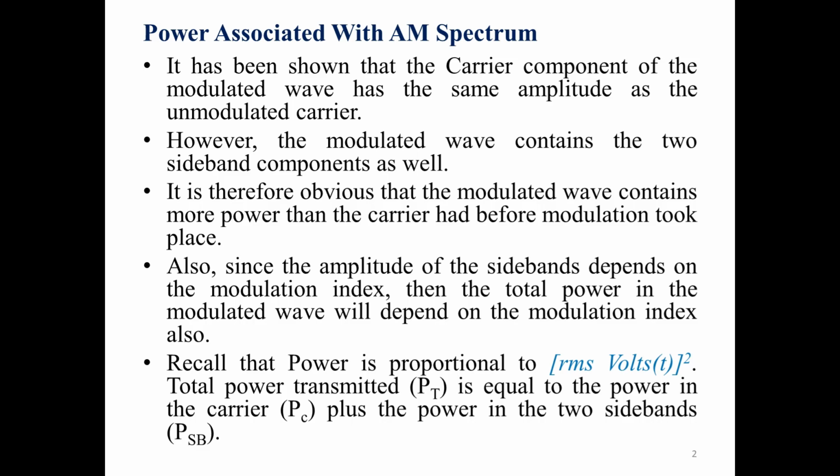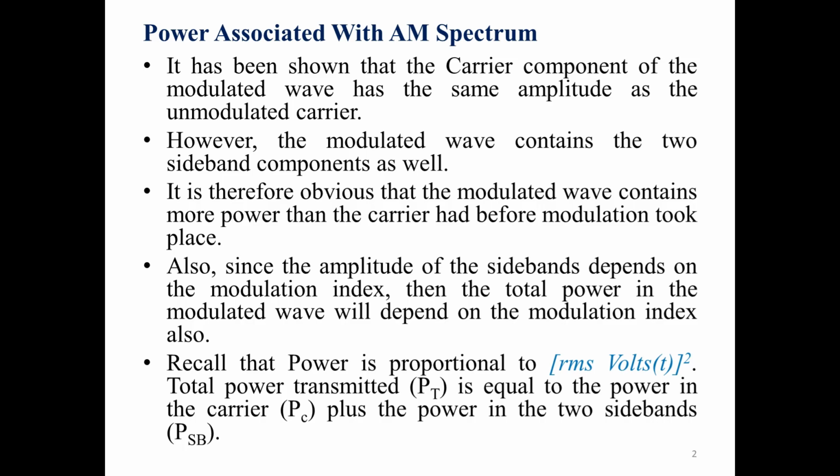Also, since the amplitude of the sidebands depends on the modulation index, then the total power in the modulated wave will depend on the modulation index also. Recall that power is proportional to RMS volts squared value.